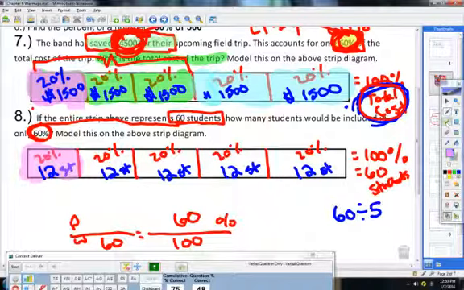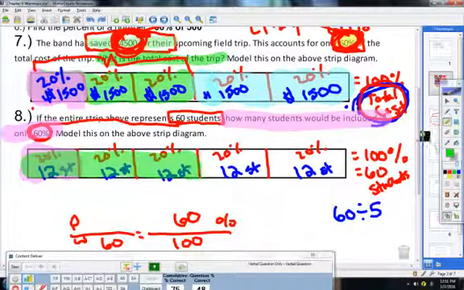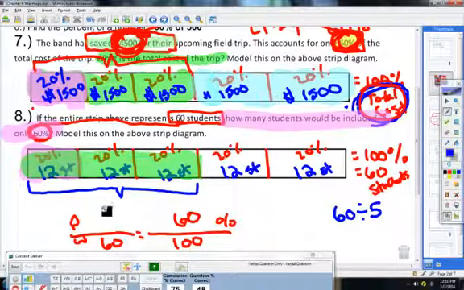Yeah. Now, answer the question. How many students would be included in 60%? So how many of these boxes do I need to count up? 1, 2, and 3. So, I'll ask you guys, how many students are represented right there in that strip? Bryce? 36.